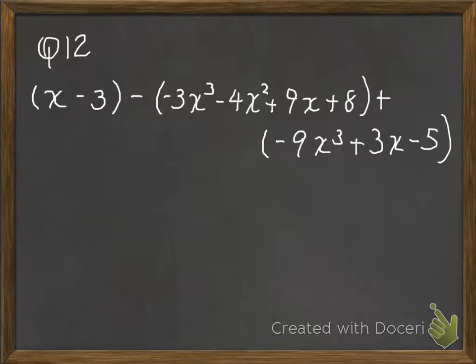Okay, first thing to do, I'm going to take baby steps here, is wherever you have a negative sign outside parentheses, that negative sign means opposite of. Take the opposite of all the signs inside the parentheses. So I'm going to keep everything else the same.